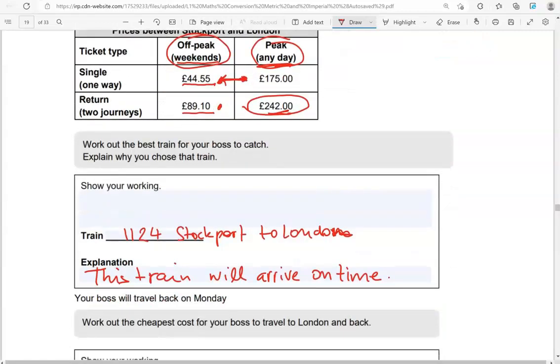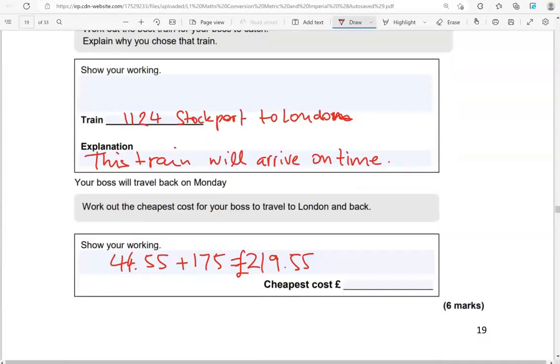It's cheaper. So we're going to say one single ticket off peak and single ticket peak. So 2 single tickets.